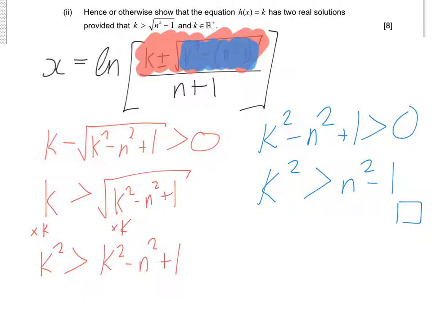If k is negative, then what would happen is, for negative k, the inequality symbol would switch.